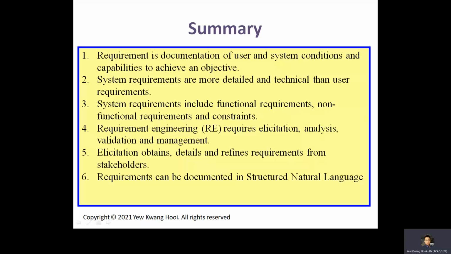Don't just use normal English, normal Malay or normal Chinese, Indian, which is called natural language. Use structured. There's a format. What is the condition? Who or which component? Is it compulsory? Compulsory, you use the word shall. Not compulsory, then use the word should, and then the capability desired. This way you can make the requirement clear.